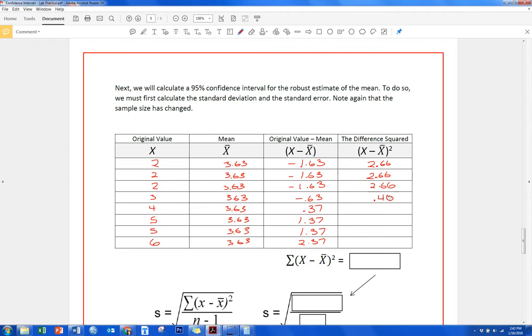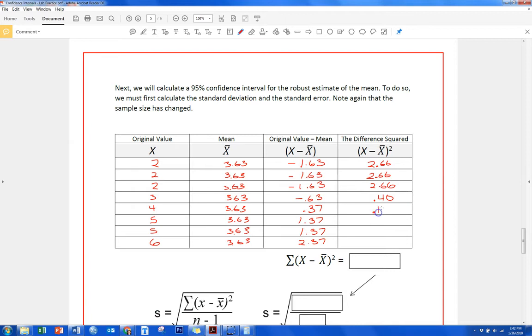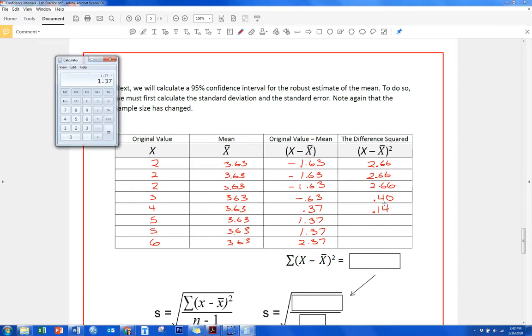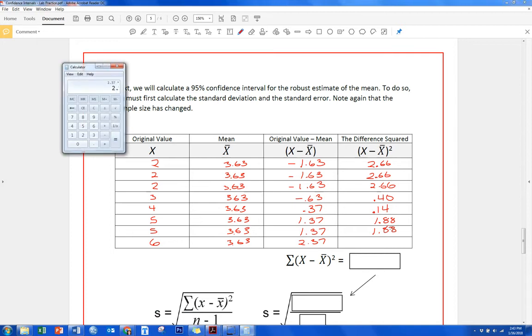And then we have 0.37 squared, which gives us 0.14, and 1.37 times 1.37, 1.88, another one of those, 1.88, and then finally 2.37 times 2.37, 5.62, rounding.